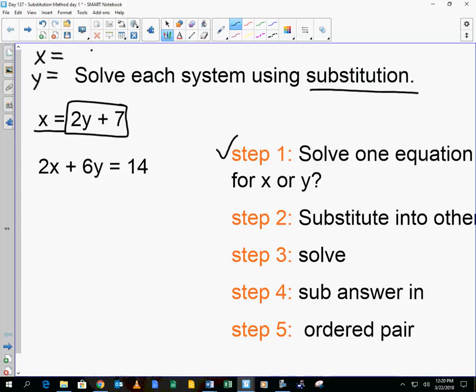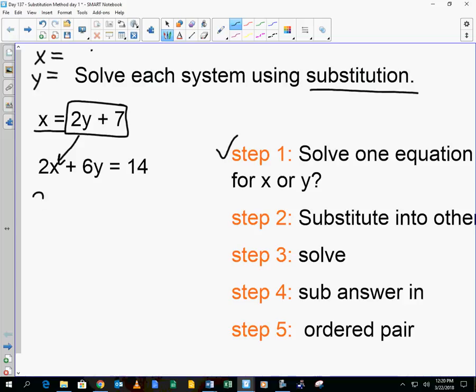So if x is this, is it going to go in for the x or the y? It's going to go in for the x. It says x is equal to that guy, so we're going to put this in for the x.